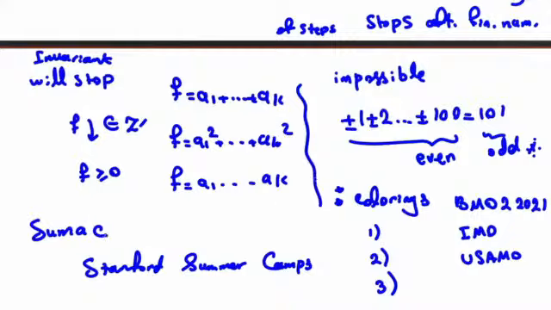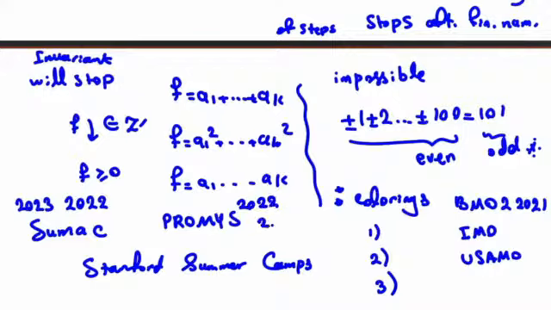It's so much good for your CV if you want to apply for Stanford summer camp or Promise. It is another prestigious summer camp. I released some hints for the solutions of the SUMAC 2022-2023, also for Promise 2022-2023. Most of the problems in Promise were same. In SUMAC, some problems, the ideas were same.